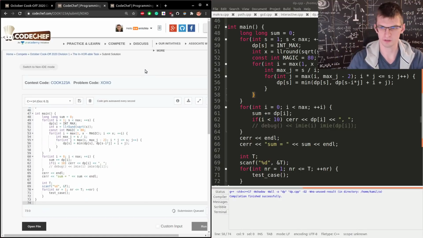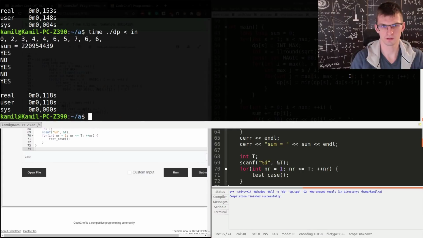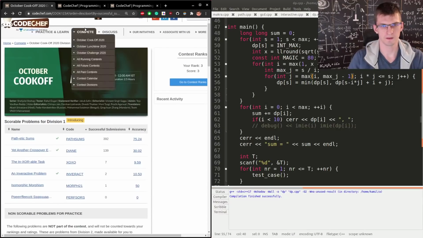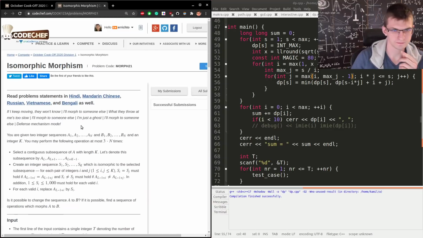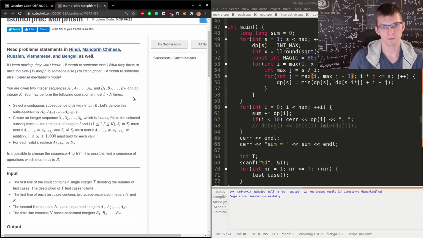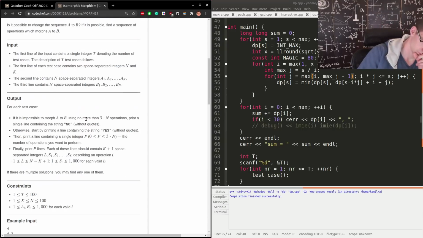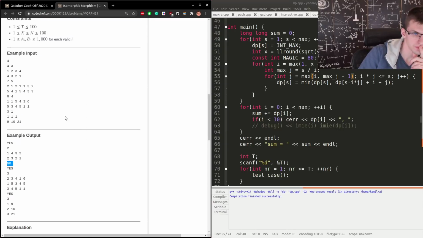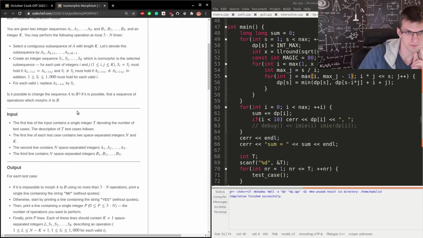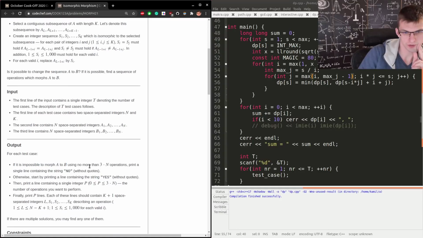It's not obvious for me why this is true. But it is. No more than 3n operations.